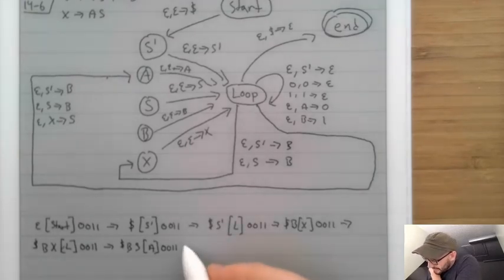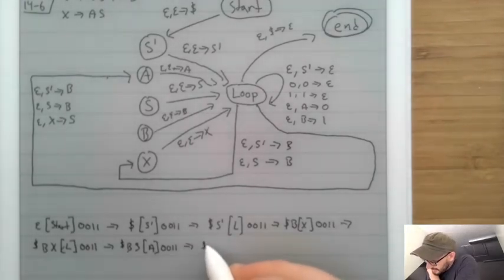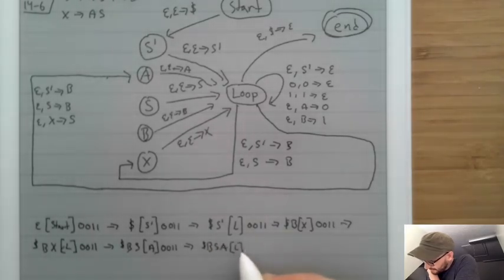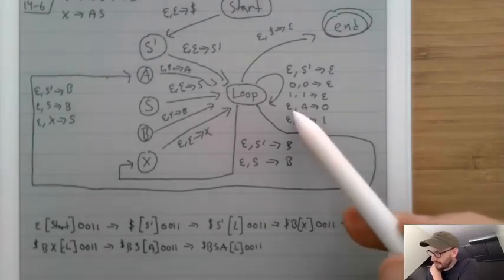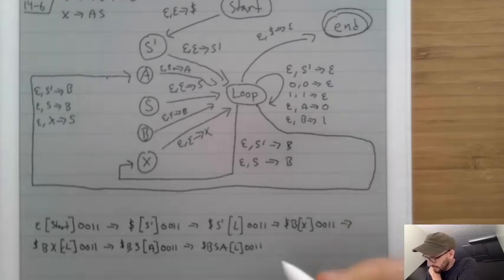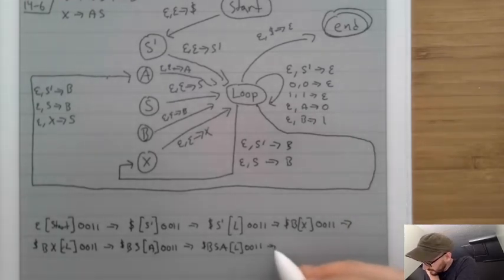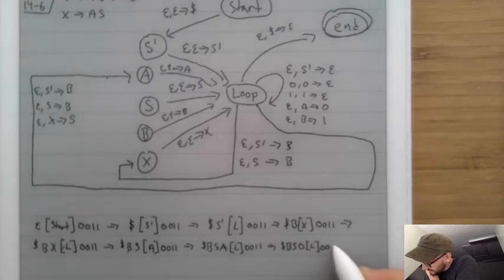Well, the A state, what it does is it pushes on an A and brings us to the loop state. Well, there's an A there, so the only rule that could possibly apply is this one, so we're going to push on a 0. So we go back to the loop state, and there's a 0 there, L 0, 0, 1, 1.